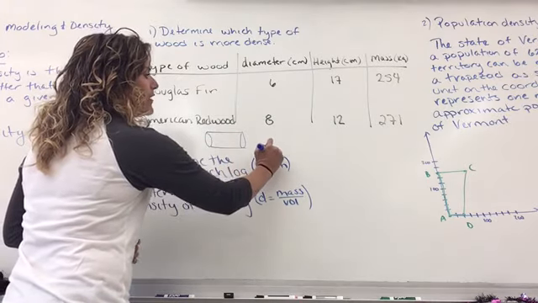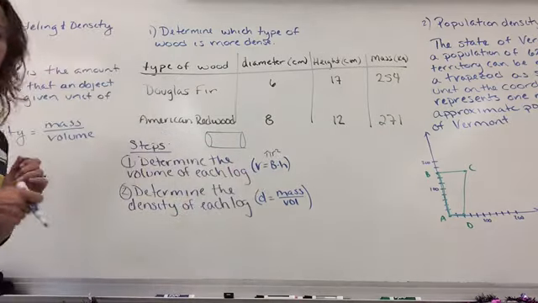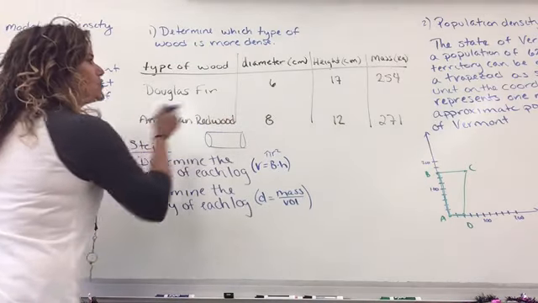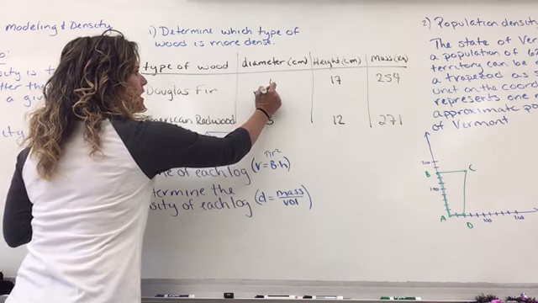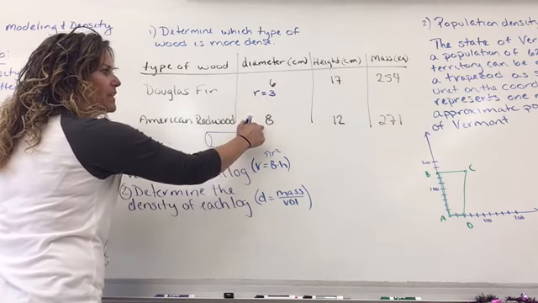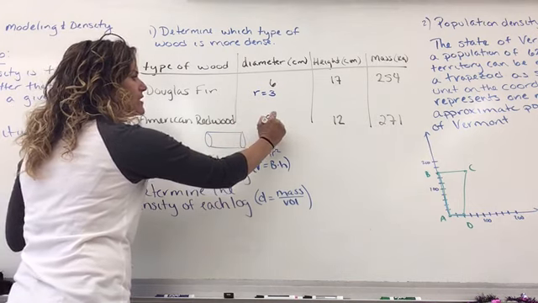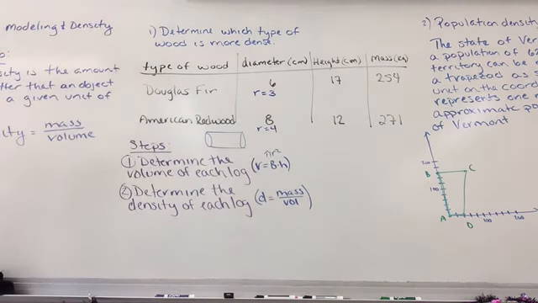So for our area of the base, it is pi r squared. Now notice, they gave us the diameter. So if the diameter is 6, that means the radius is 3. And for the American redwood, if the diameter is 8, the radius is 4. And we have the height.